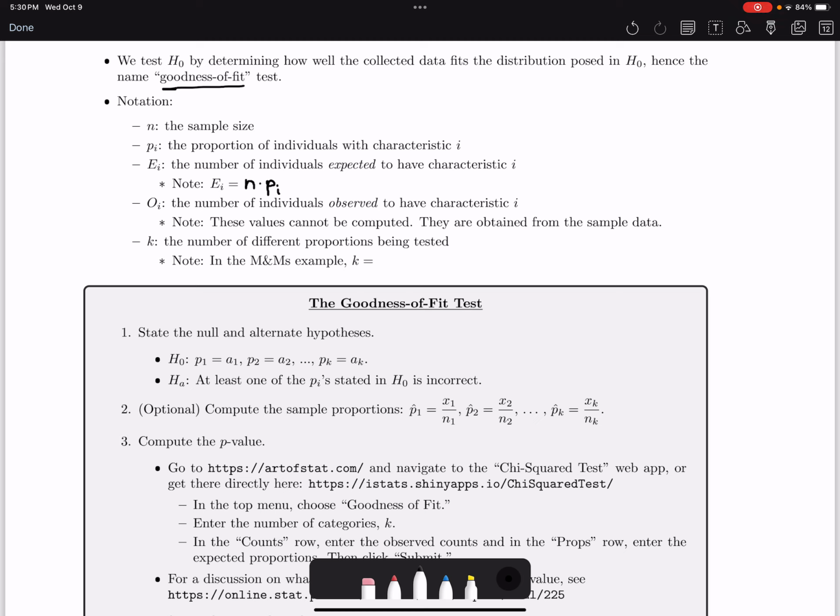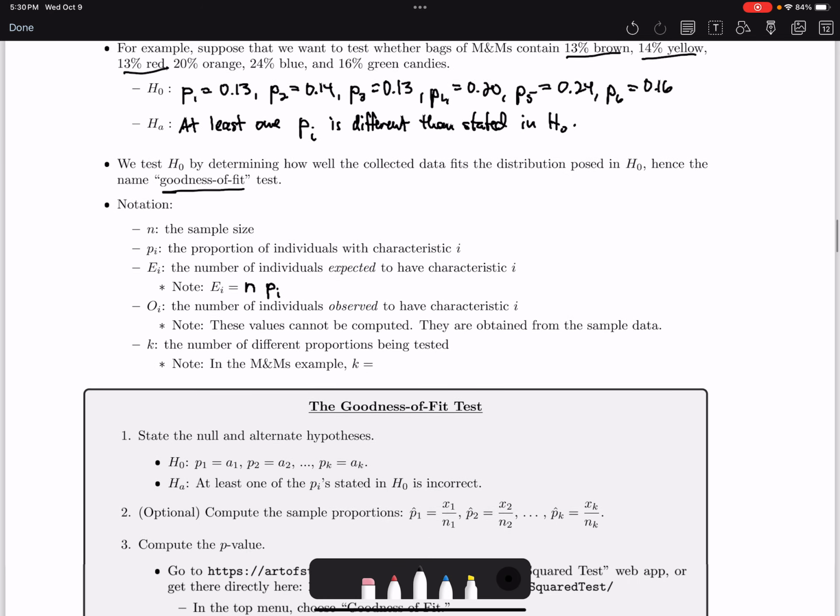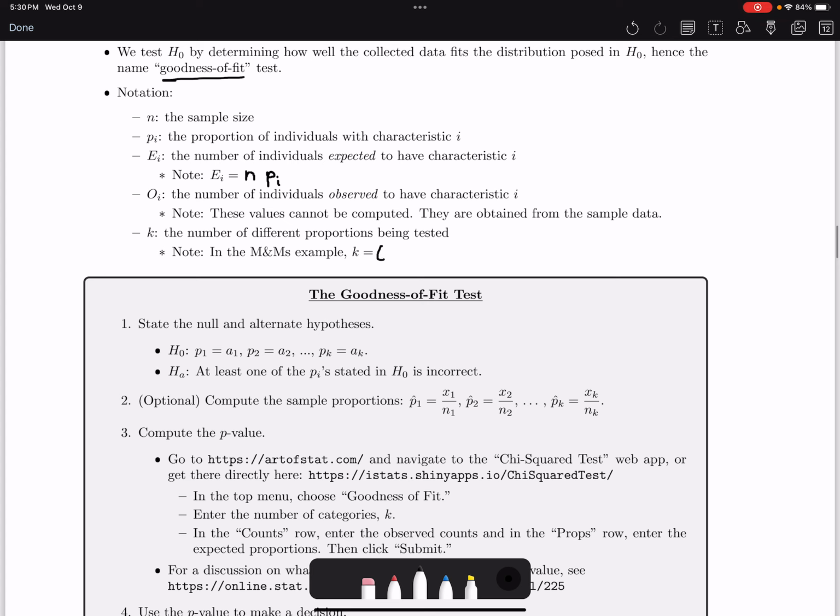And finally, K is the number of different proportions being tested. In the M&M's example, we had 6 proportions that we were testing, so K equals 6.